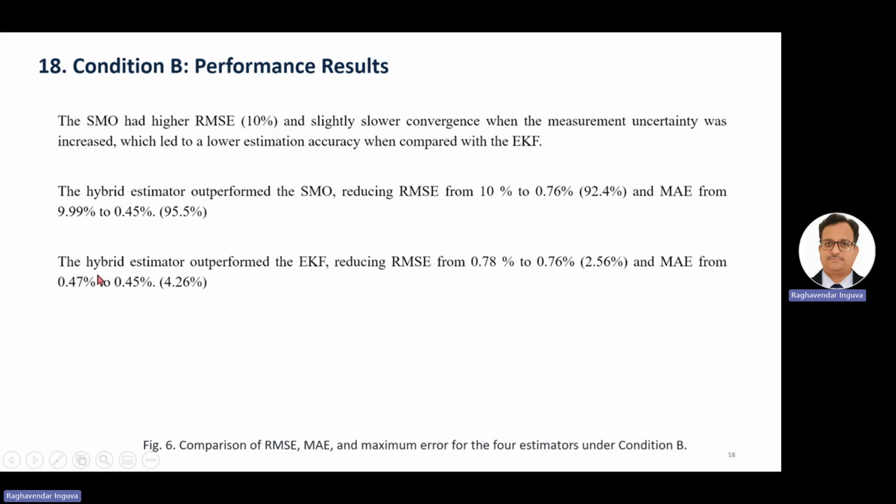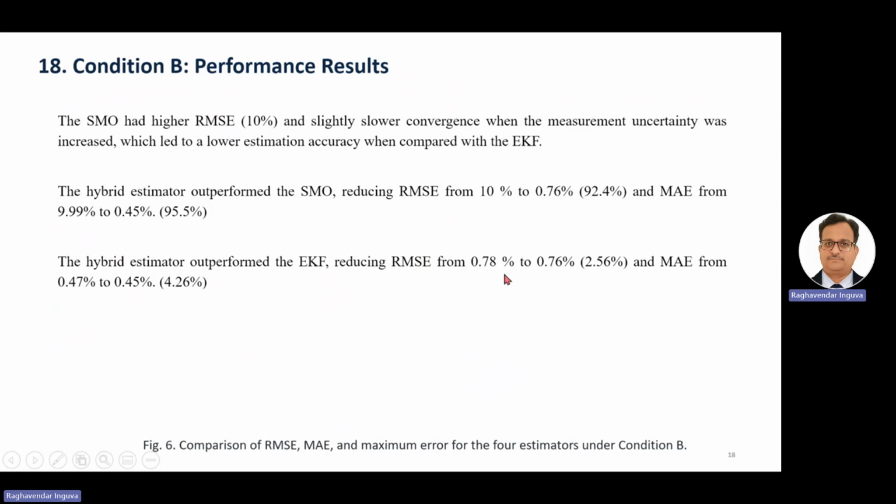But when we compare hybrid with EKF, for the noise that we have considered, it has shown an RMSE reduction. When we are using a hybrid estimator, the RMSE is reduced by 2.56 percentage. So it is considerable, but this can go a little higher under much harsher conditions. So definitely the hybrid estimator is going to reduce the RMSE when compared to EKF.